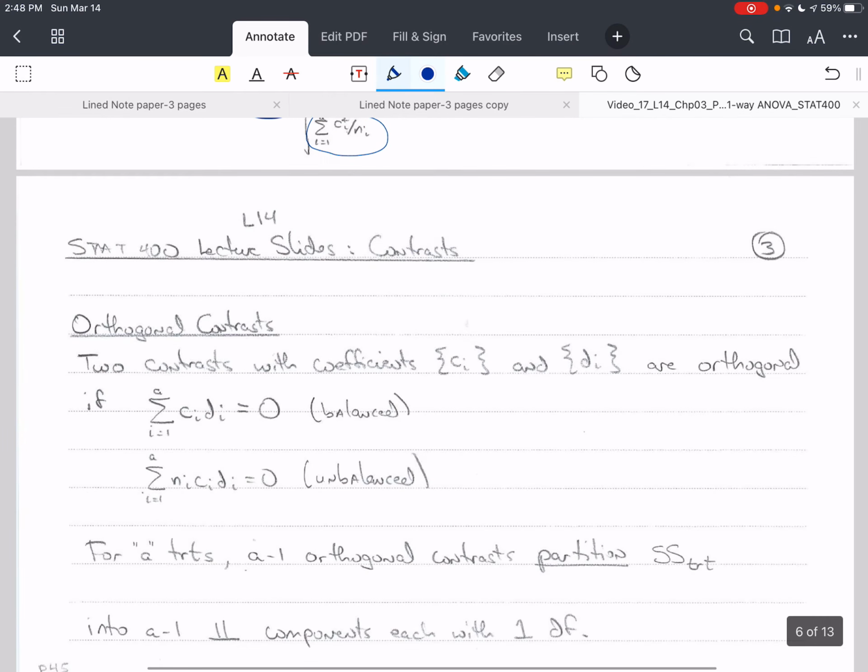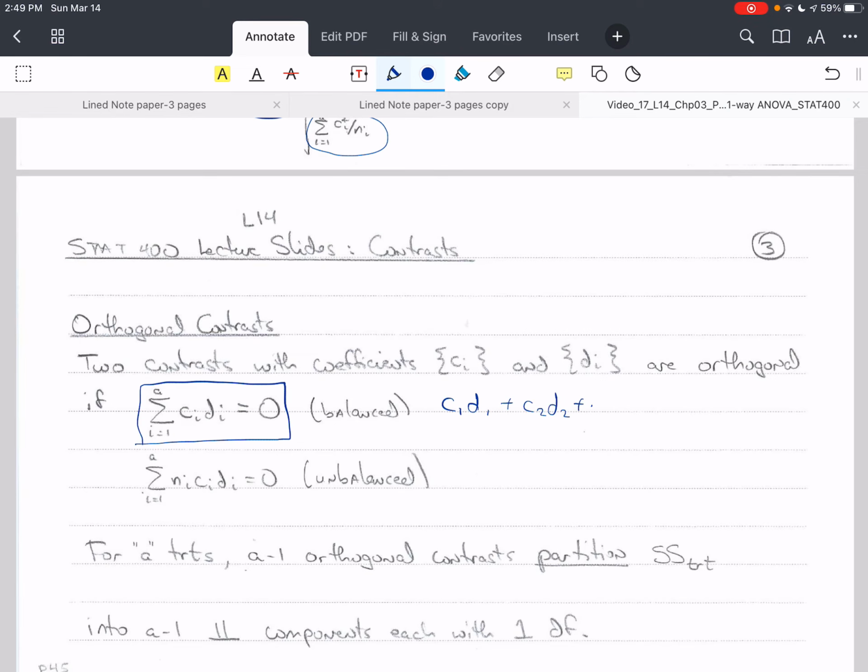Now, that's standardized. Now, orthogonal contrast. If we have two orthogonal contrasts, and let's say the coefficients of the first one are Ci and the coefficients of the second one are Di, they're orthogonal if and only if, for a balanced design, the sum of Ci times Di, C1 D1 plus C2 D2 up to CA DA, is equal to 0.